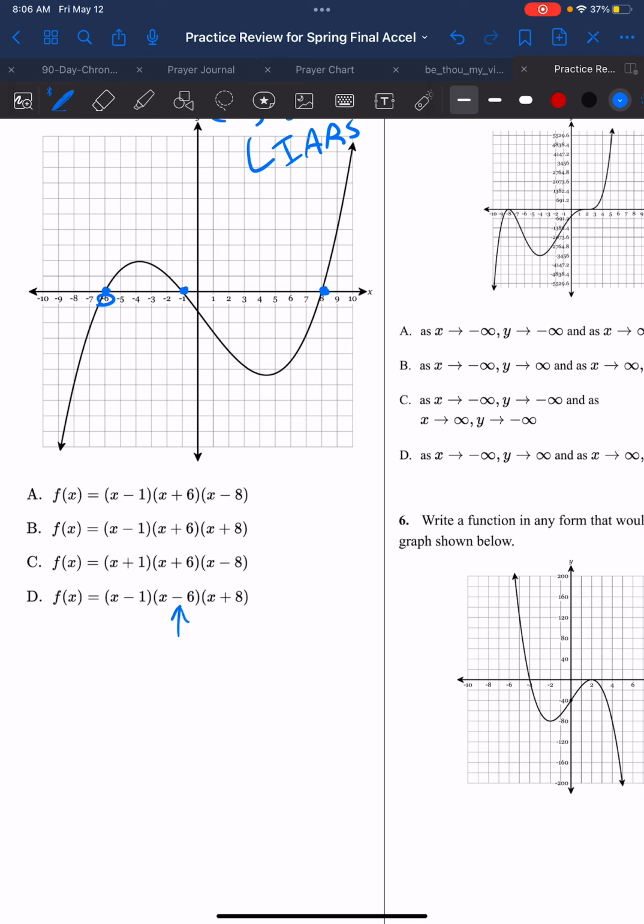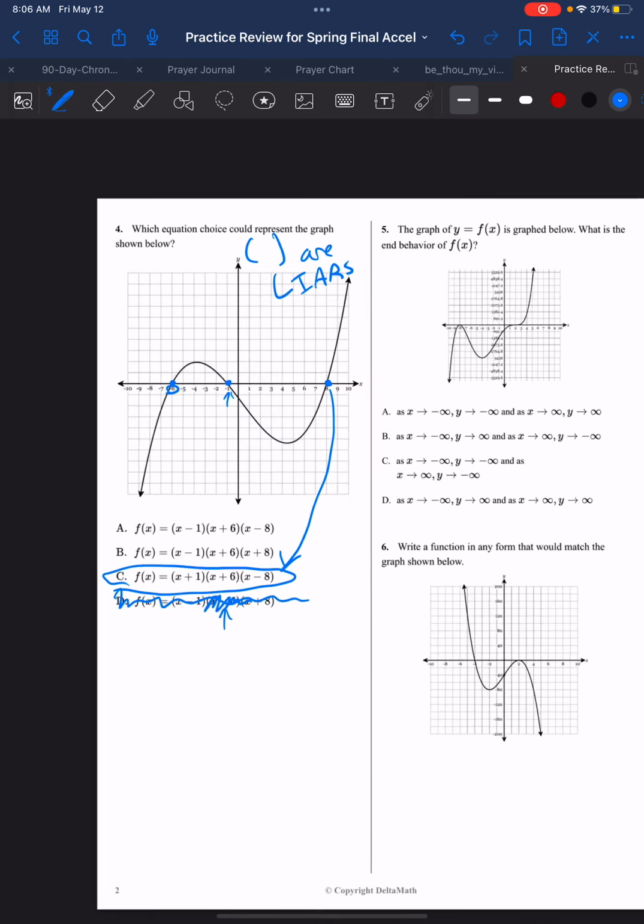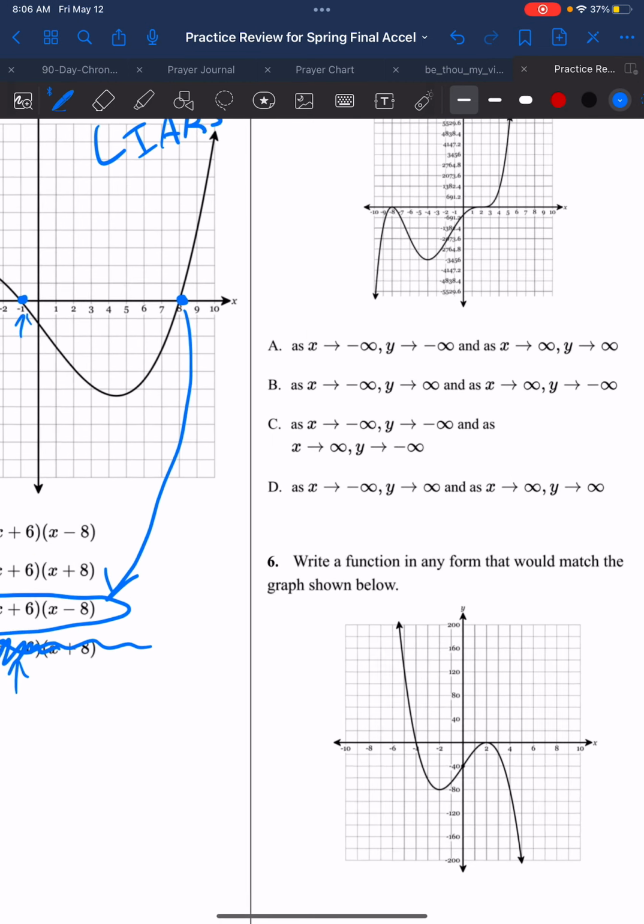This one right here is the only one that doesn't have x plus 6, so you can't use D. For -1, you're looking at x plus 1 instead, and this is the only one with that. And just to check, this is a positive 8, so when I look at it, it should be x minus 8, and C has all of that.